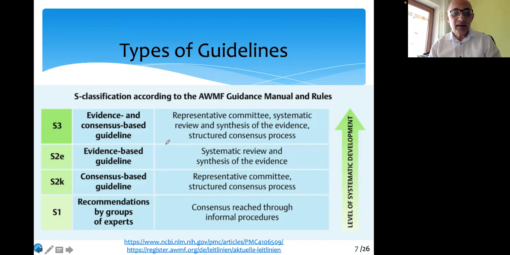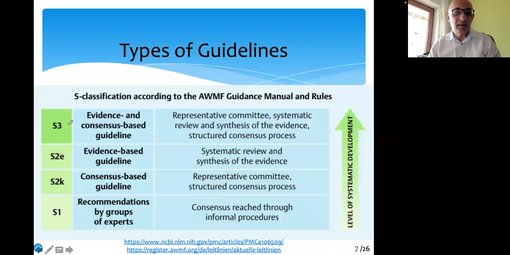And the guidelines, there are different levels of systematic development in the guidelines. So even the guidelines themselves, they're graded from S1, the recommendations by groups of experts, which is easier to prepare, of course, and faster to develop.